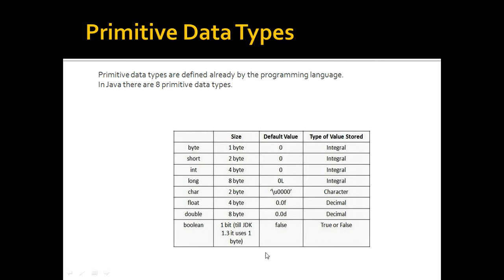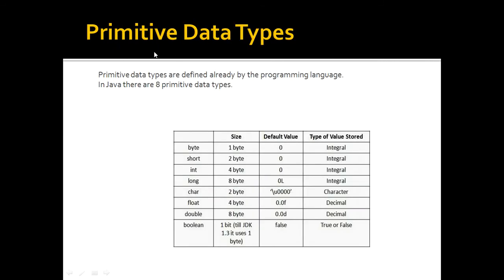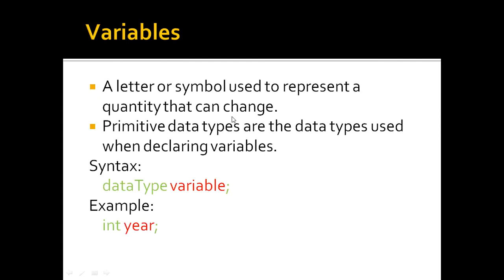And here the double is the highest sized data type, and byte is the smallest one. And while declaring variables, we need the use of these primitive data types. And these primitive data types are categorized under integer, character, float, like that.